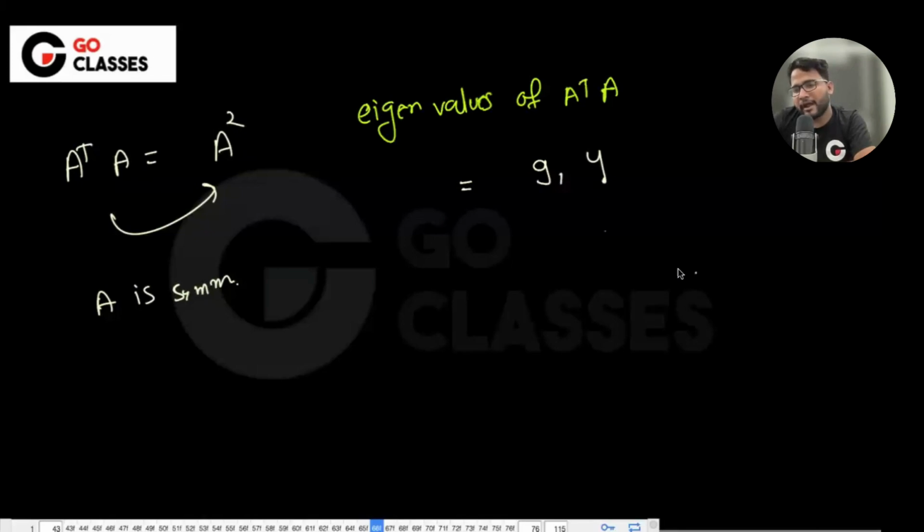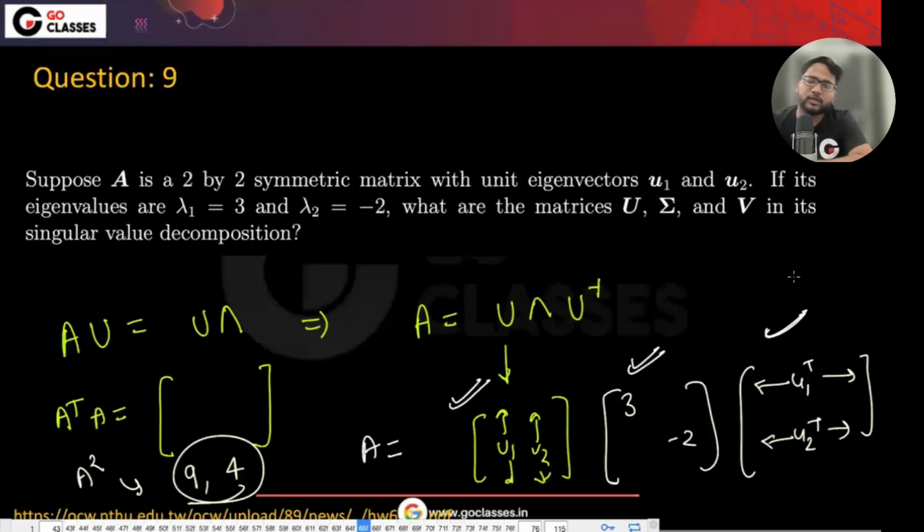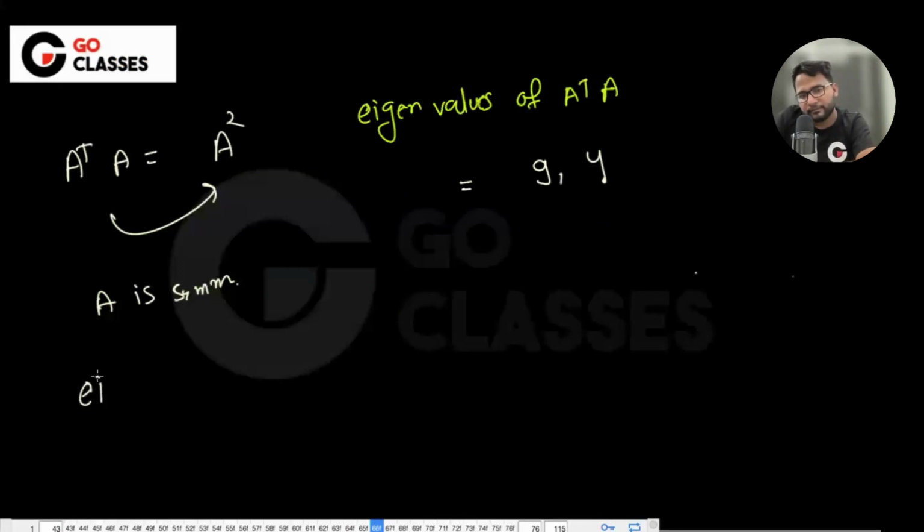Okay. Now I have the eigenvalues of A transpose A. We just need to know the eigenvectors of A transpose A, right? So what are the eigenvectors of A square? Can you tell me?